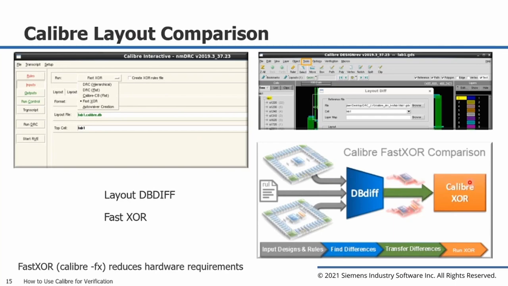Then it will run the XOR, and the output is an ASCII file, a result database, which you will load in RVE to see the comparison. This feature reduces hardware requirements, and it's fast as well.